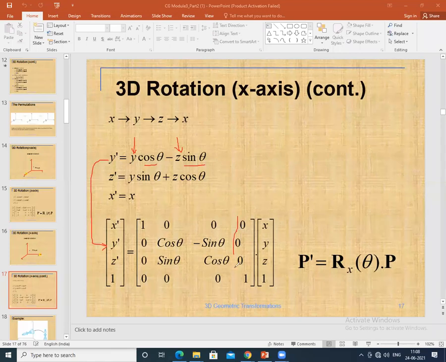This column is quite easy to remember since it is a homogeneous coordinate, so we have 1 at the fourth column, whereas z you could see is at the third row. For x it is 0, sin theta, cos theta, 0, right?